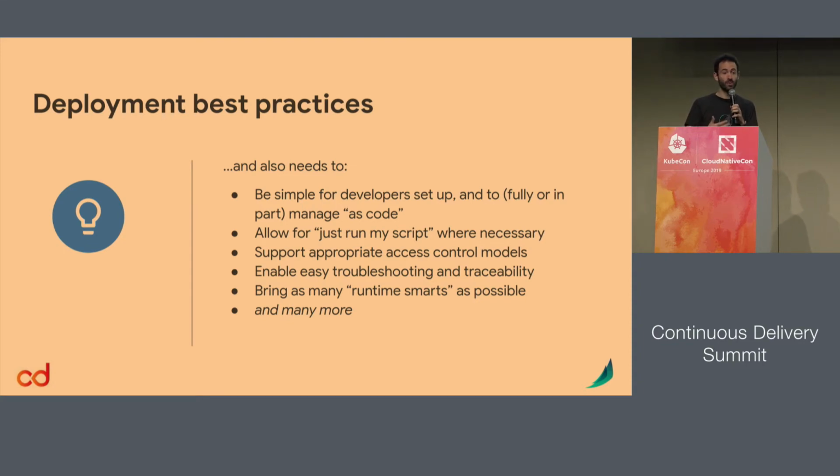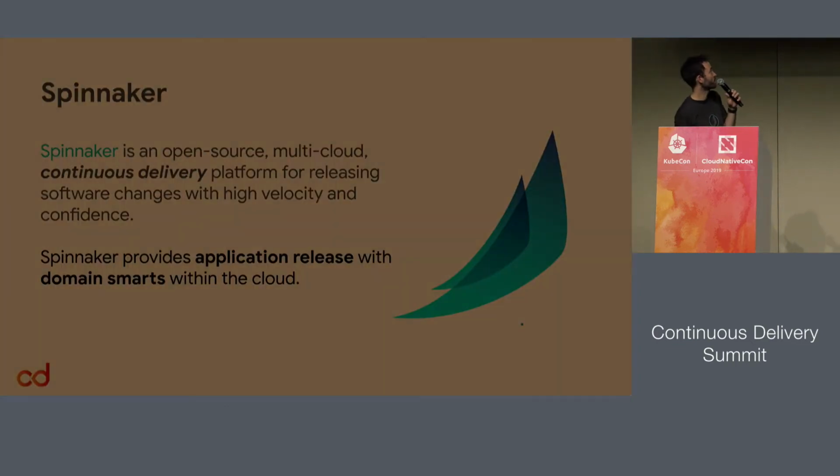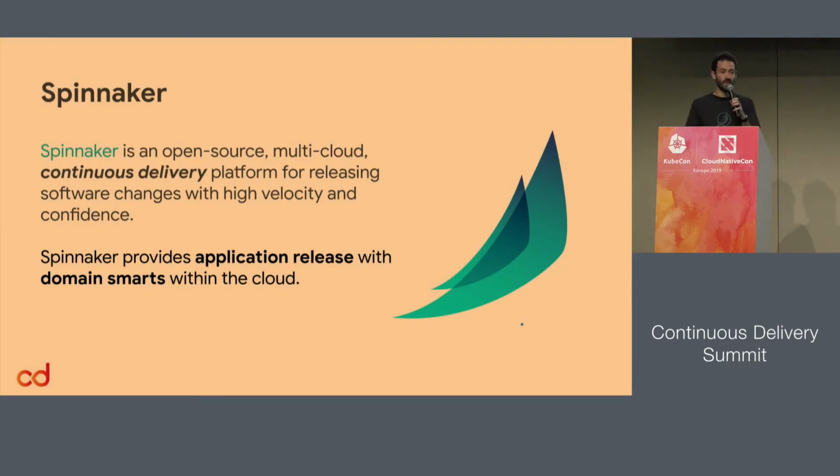But maybe the ownership of this as code setup is shared. It's not just the development team that gets to control their entire go to production, but there is some kind of centralized ownership of part of this as well. And then you obviously want RBAC. That's a very common, you need to be able to lock down who can deploy what to which environment, et cetera, et cetera. So back to the original slide, these are the kind of challenges that Spinnaker tries to address.